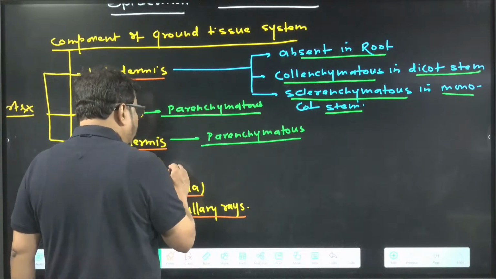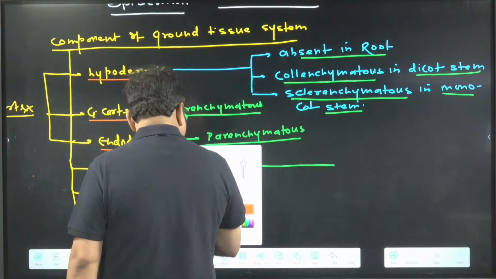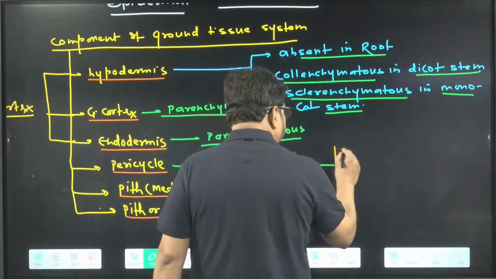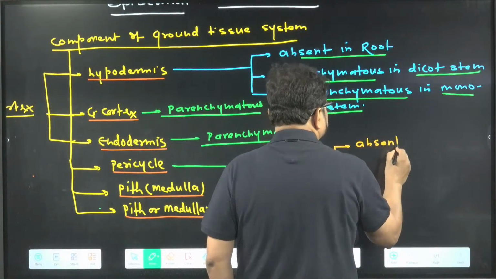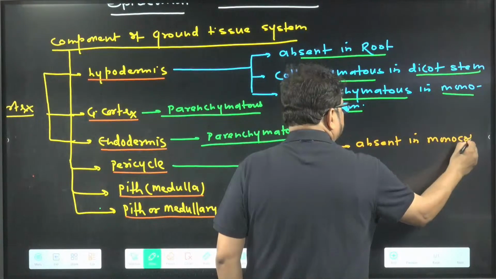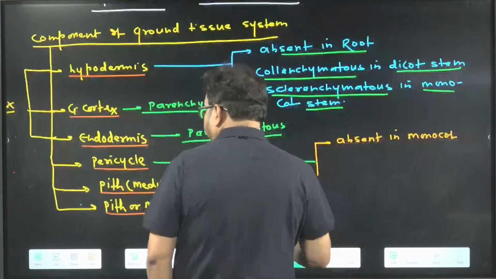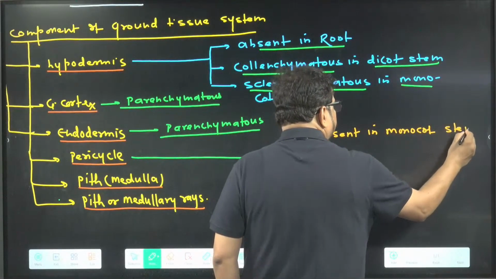Now we are going to talk about pericycle. Pericycle is absent in monocot stem.